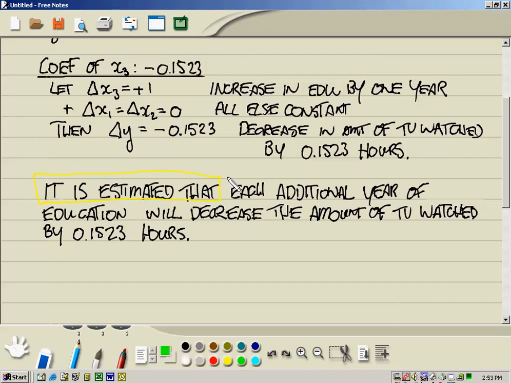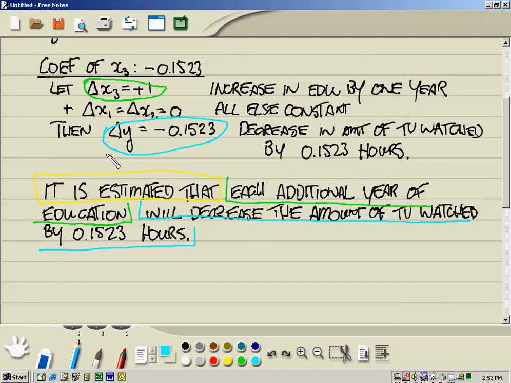Alright, each additional year of education, that's basically the delta x3 is plus 1, will decrease the amount of TV watched by that many hours, and that's describing the delta y of negative 0.1523.